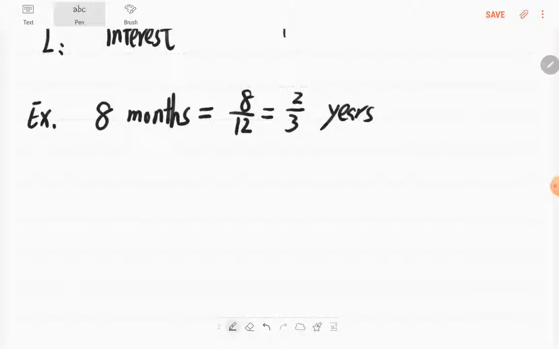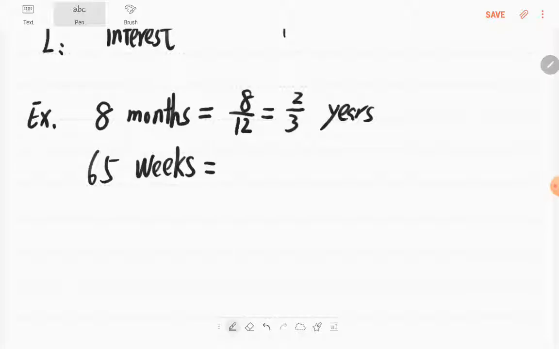And if they have 65 weeks, so how many years?